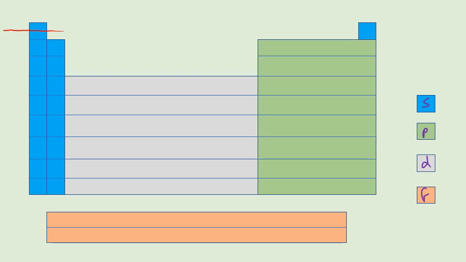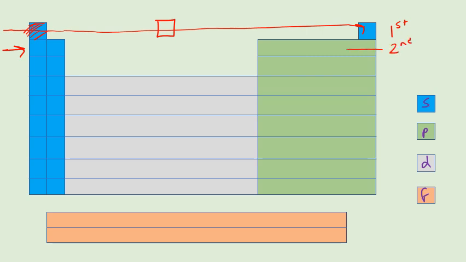So the first row is period 1, so that's the first period. There's only 2 elements in the first period. Quite often people, especially when hydrogen doesn't appear here, if it appears here, it's quite a common mistake for people to think that this is the first period, when in fact it's not. This is the second period. So look out for that mistake. Don't make that one, okay?